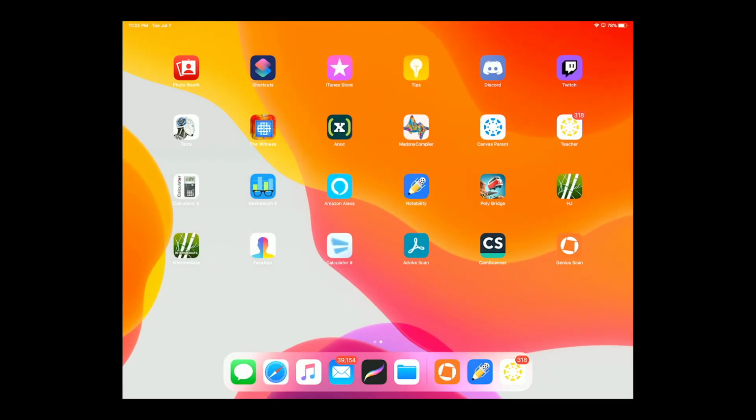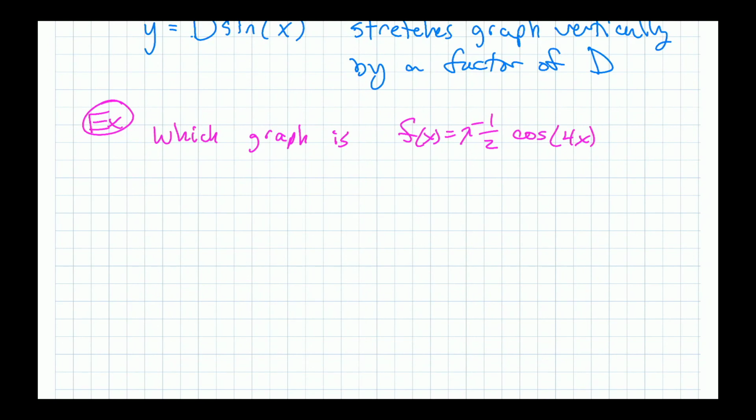So back here, this negative 1/2 does two things. So you identify what they do. It's negative, which means it's upside down, compared to the original cosine graph. The fact that it's a 1/2, that means, instead of stretched vertically by a factor of 1/2, it's actually half as tall.